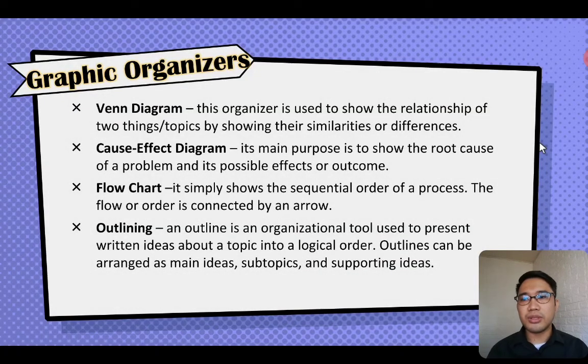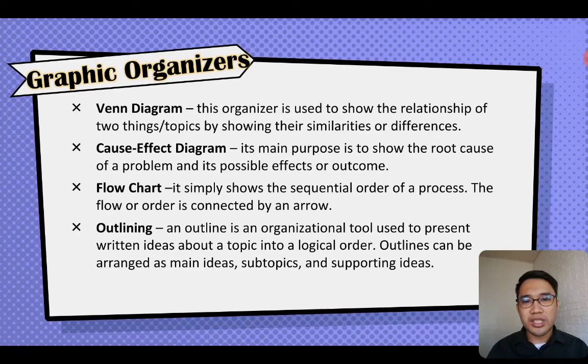We talked about some of these already, the different graphic organizers that we can use, such as the Venn diagram. We also would like to know about the cause-effect diagram. The main purpose is to show the root cause of a problem and its possible effects or outcome. We'd also like to know about the flowchart.